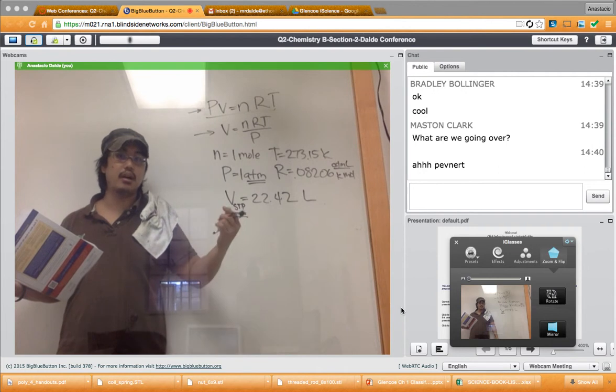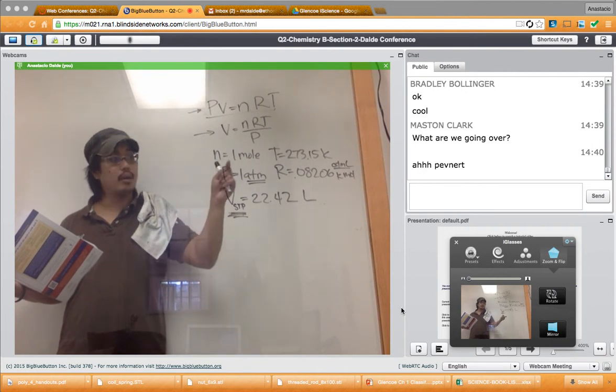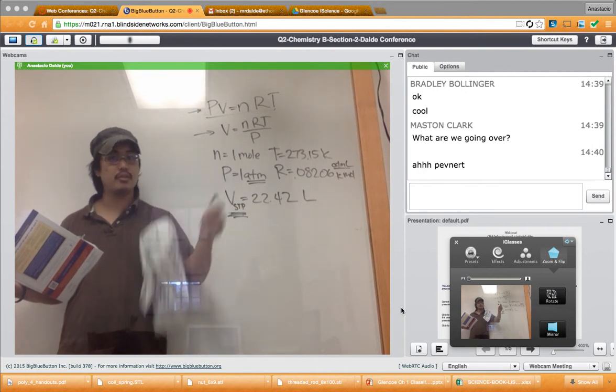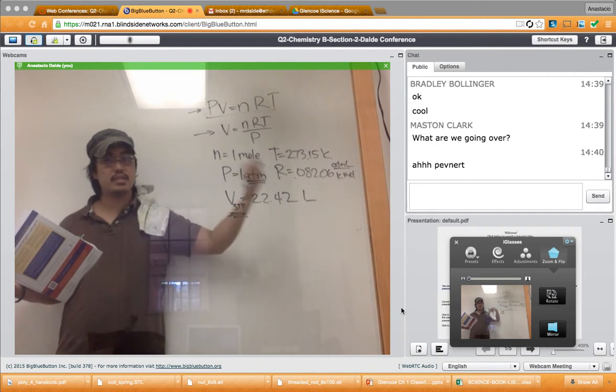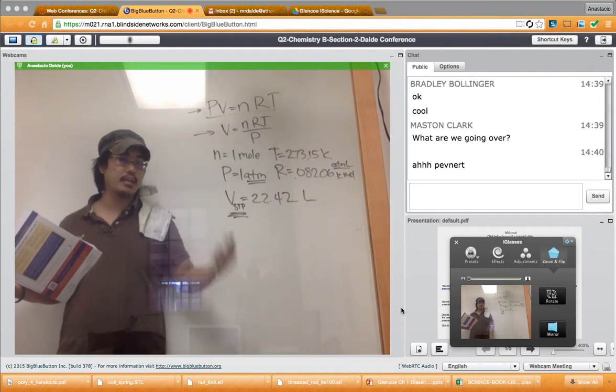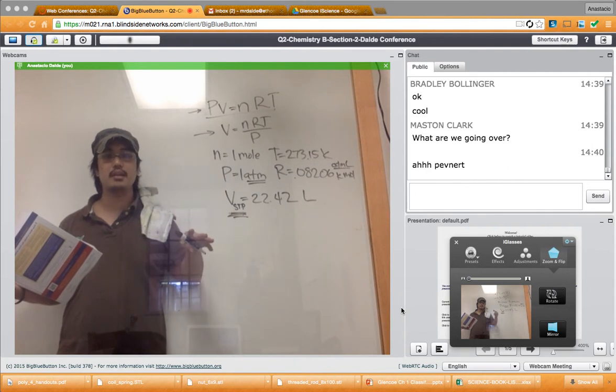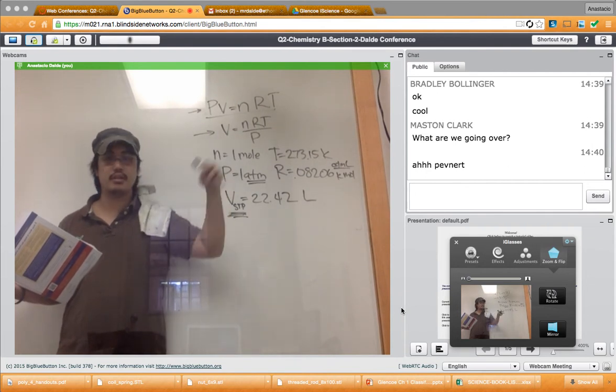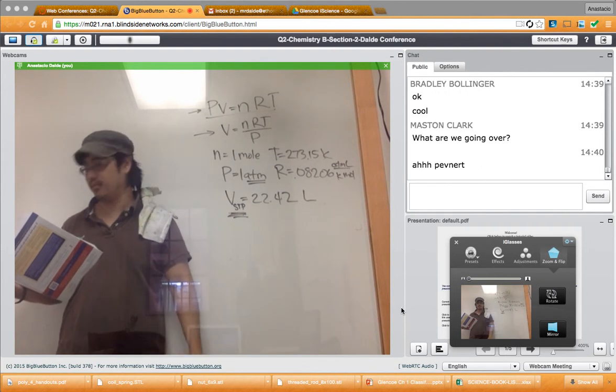This is a common volume because 1 mole of gas, 1 atmosphere pressure, and 273.15 Kelvin, that's a pretty standard measurement, 0 degrees Celsius. Are we cool with that? And I just plugged those numbers in and solved, and apparently it's 22.42.